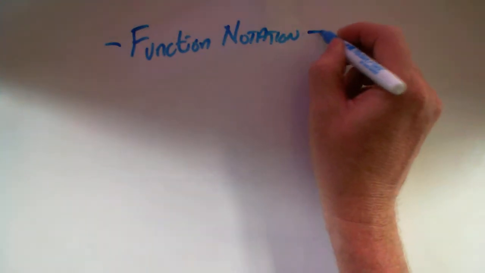The idea here is that the relationship between x and y is given a name. So when x and y have a relationship, instead of putting the y down, we actually give that relationship a name, such as f.